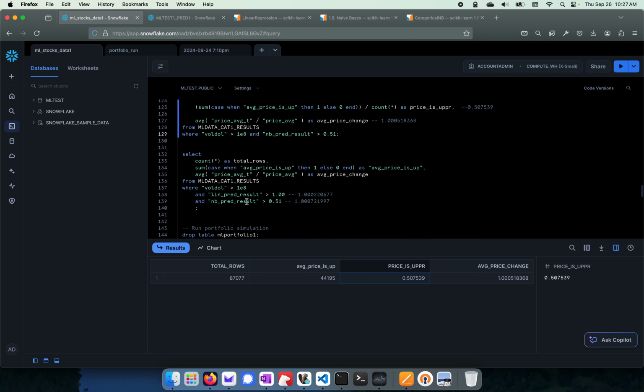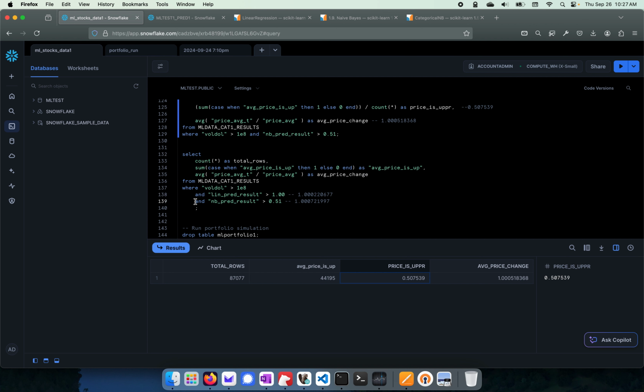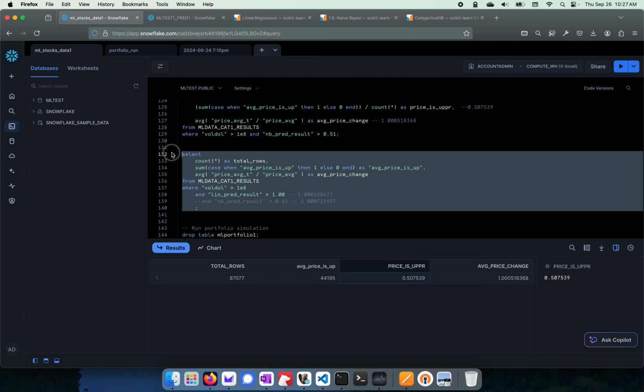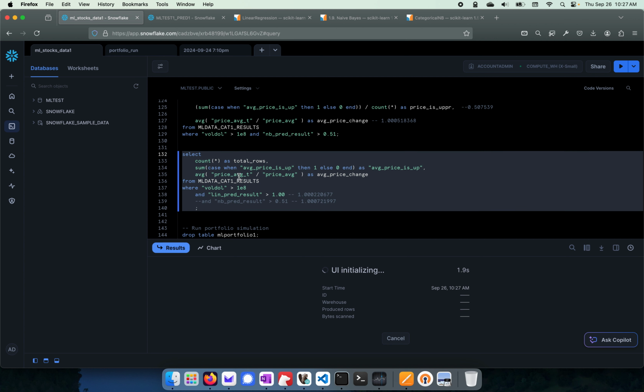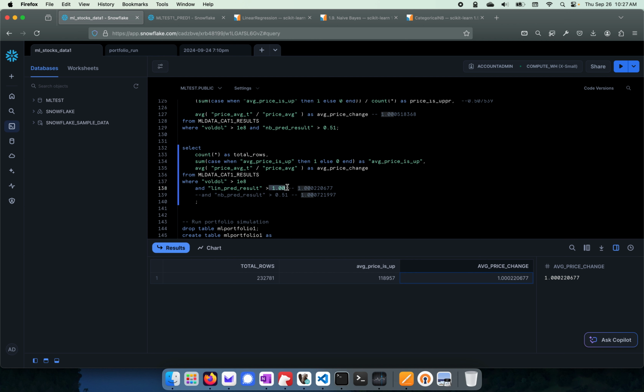What we can do now is combine our linear regression. Well, let's take a look at linear regression by itself. Let's take a look at what our linear regression predictions look like, and then we'll combine both of them. So the average price change, if we're looking at positive linear regression, is indeed positive by a very small edge, about 2 basis points, 0.02% change on average.